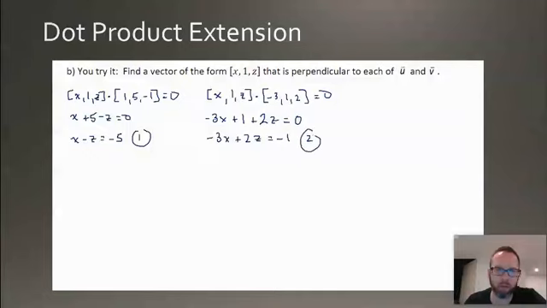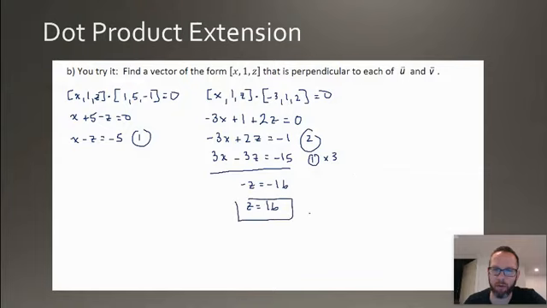Call that equation 2. Here's what I might do for this one. Let's use elimination. I'm going to multiply equation 1 by 3 and write it down here. So I get 3x minus 3z equals negative 15. That was equation 1 multiplied by 3. Now I can add these two together to eliminate the x's, and I get negative z equals negative 16, or z equals 16.